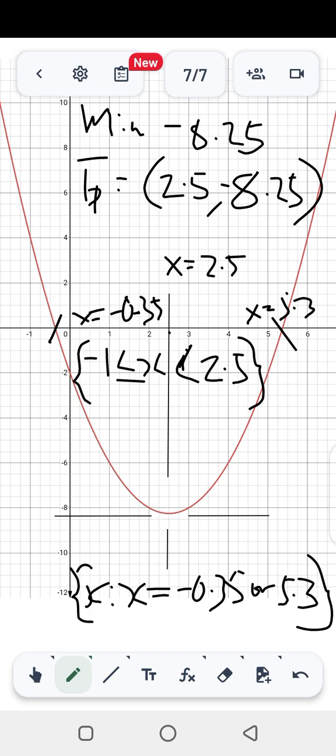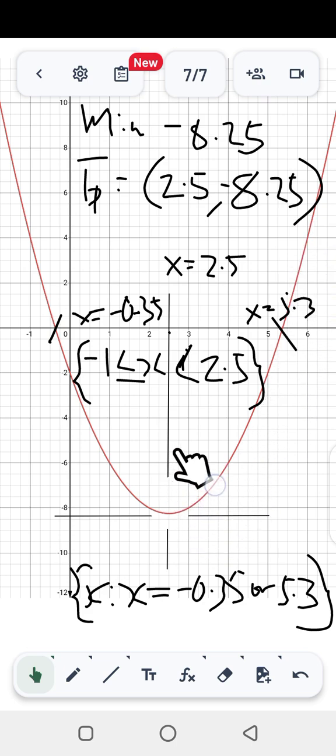Let's go to the final part, which is the range of values of x for which y increases as x increases. So y is increasing from here. This part of the graph is showing that y is increasing. It starts from the turning point and then it is moving up.